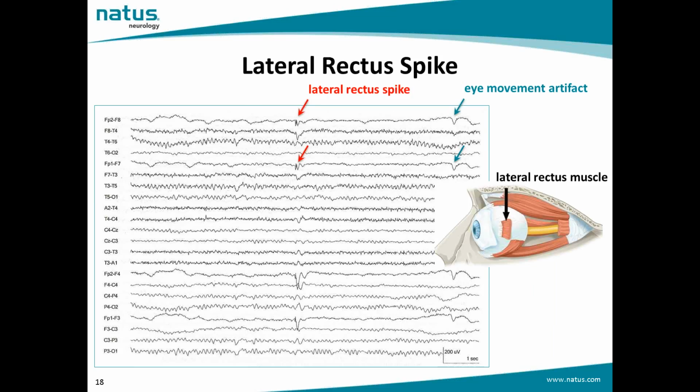The lateral rectus spike may be followed immediately by the slower eye movement artifact in the same location, and this may result in what appears as one wave with a morphology that resembles the focal interictal epileptiform discharge.